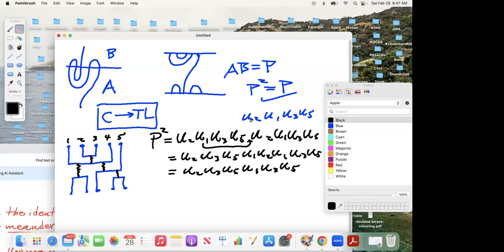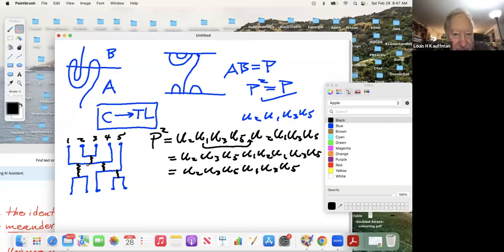Let me see. The element is U2, U1, U3, U5, U4. Oh, that's the mistake. That's a U4, not a U5. There is no U5, right? That's 4. 1, 2, 3, 4, 5, and the last one is U4. So this was a U4.